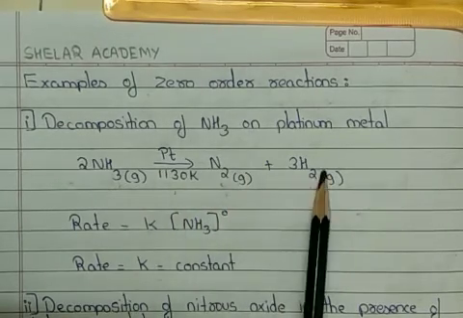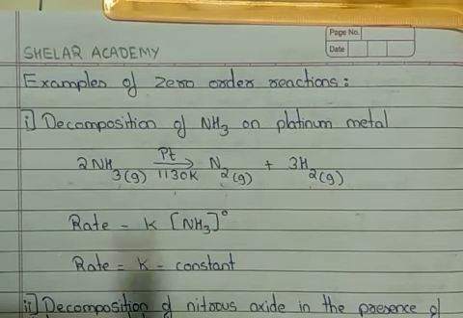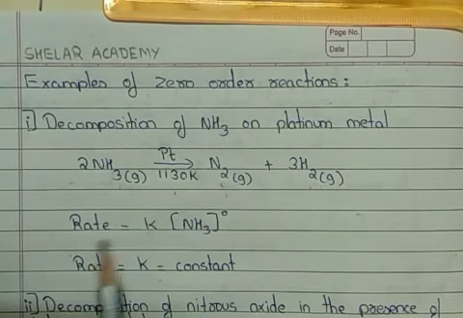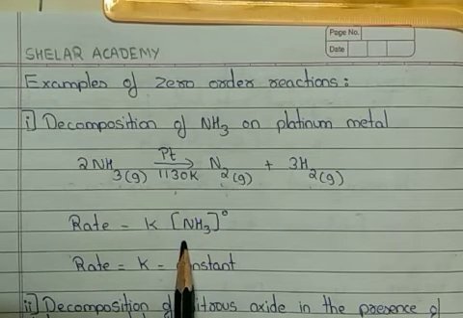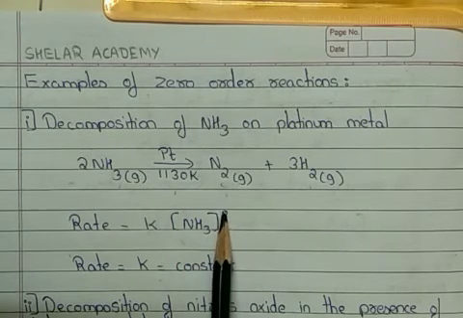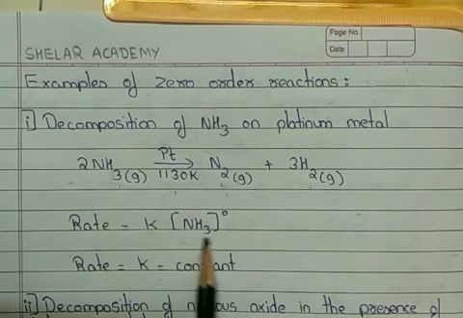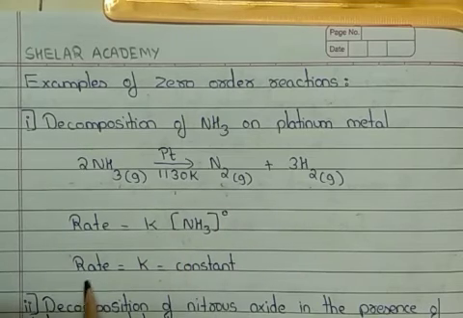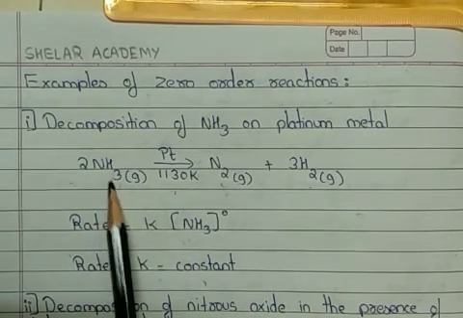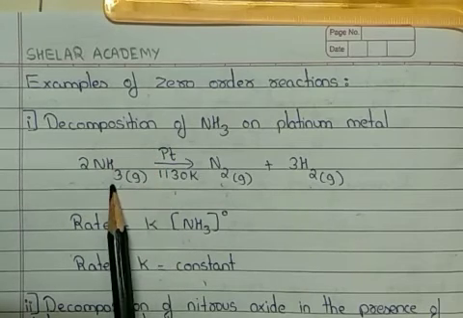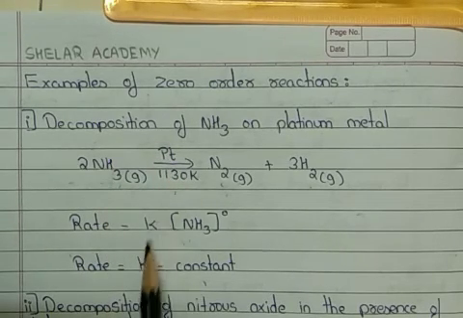The experimentally determined rate law tells us that rate equals K times concentration of ammonia raised to the power 0, which means this whole part comes to be 1. So our rate remains constant, independent of the concentration of ammonia, and that is why we can say this is an example of zero order reaction.